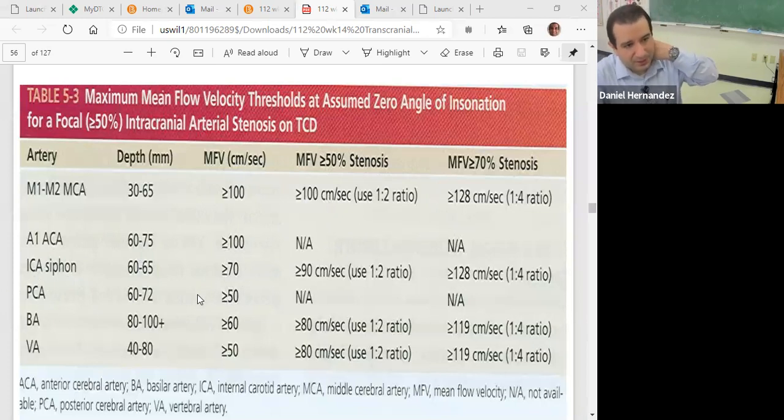Posterior cerebral artery is going to be greater than 50. For our basilar and vertebral arteries, they're going to be 60 and 50 respectively. The nice part is when we're doing our criteria, we do greater than 100 and greater than 80, greater than 128 and greater than 119.